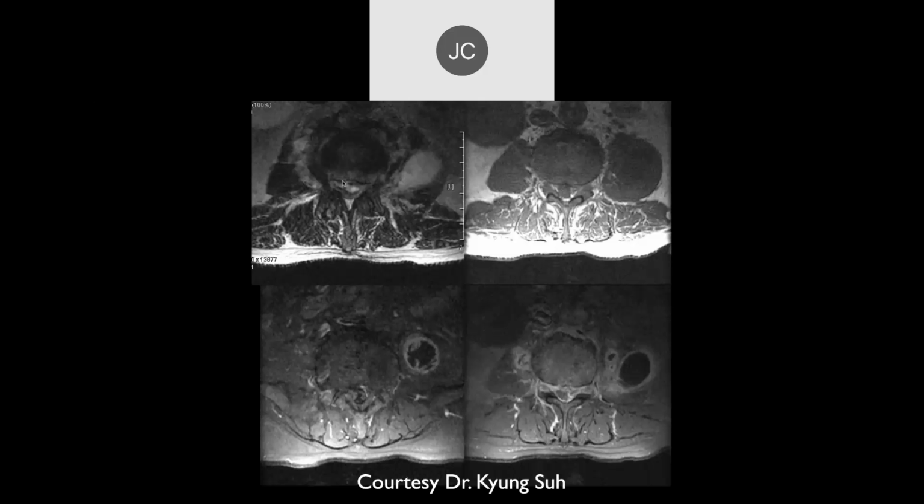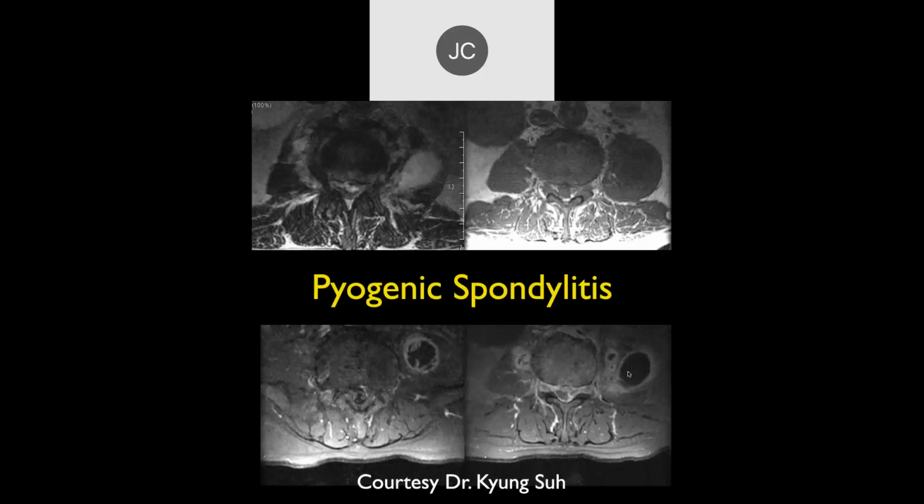So it's an epidural abscess and then a fluid collection in that left psoas muscle, right psoas muscle as well. So I think this is another Staph aureus disc infection with psoas abscesses and central stenosis due to the epidural abscess.